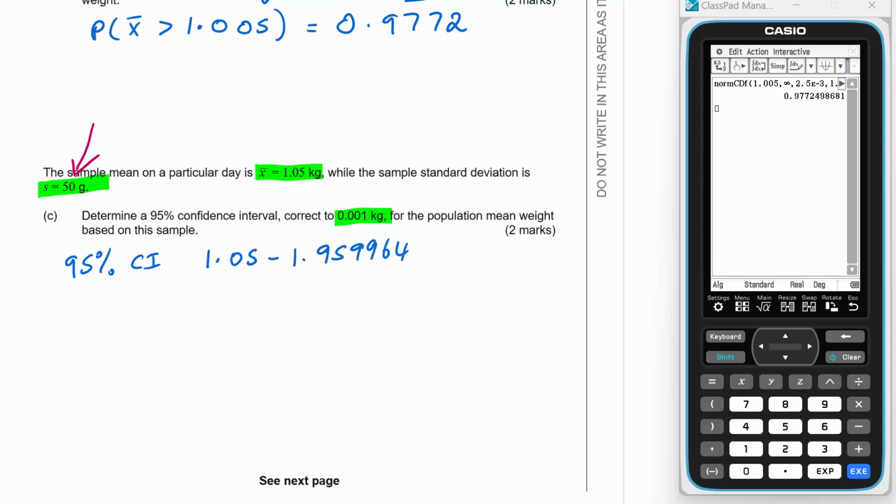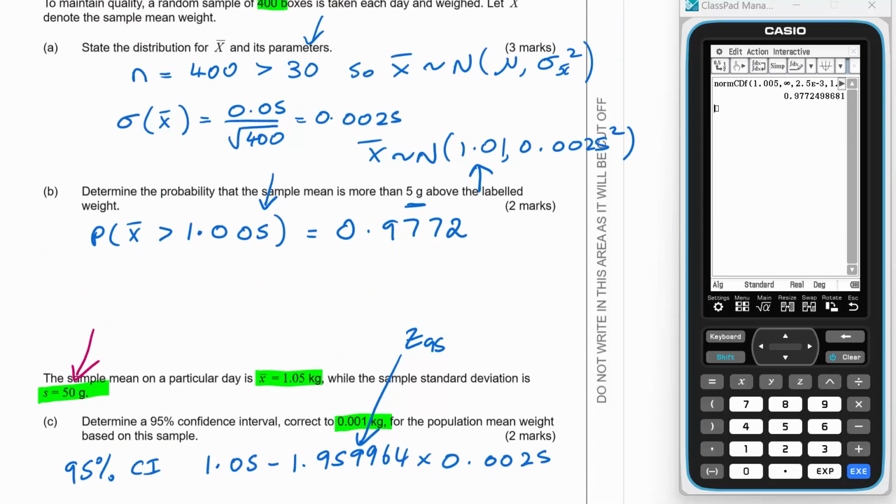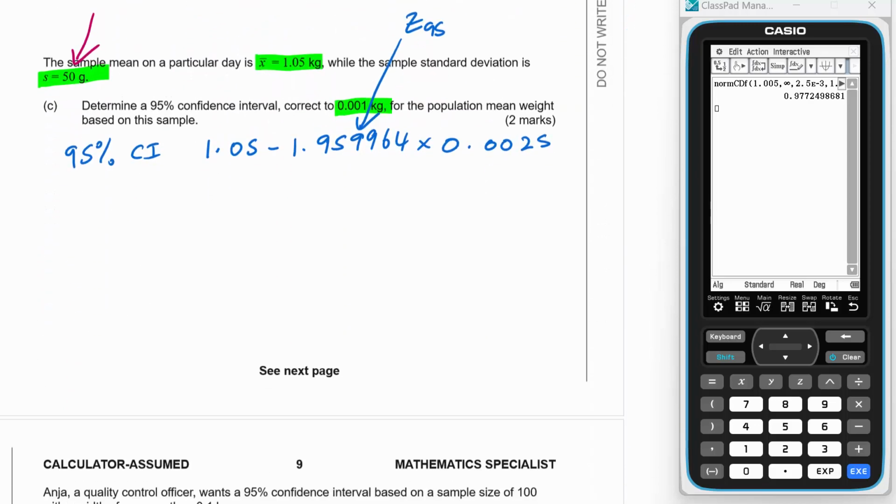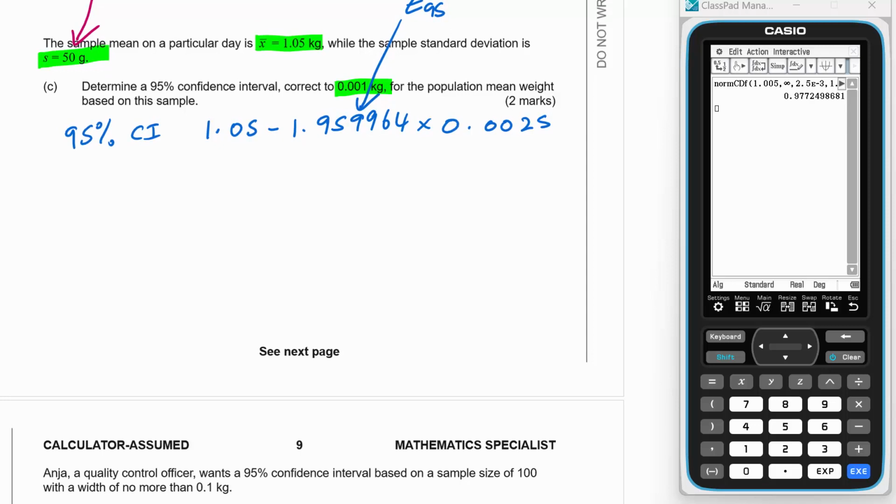So the 95% CI is going to be 1.05 take away 1.959964, this value being the Z95 value, we'll see that in a moment, times 0.0025. That 0.0025 being the same from up here, because the 50 grams was the same as the 0.05 kilograms.